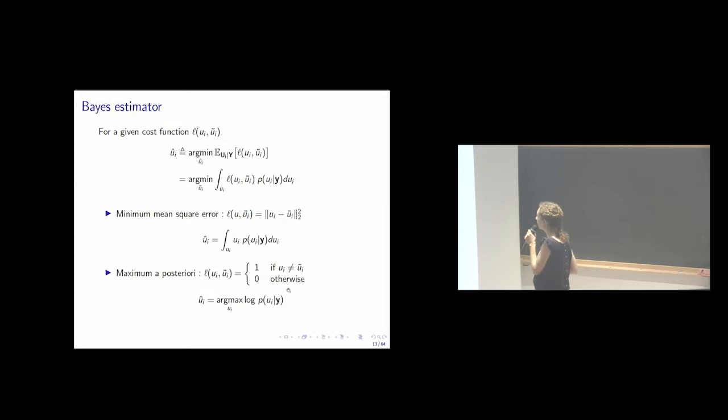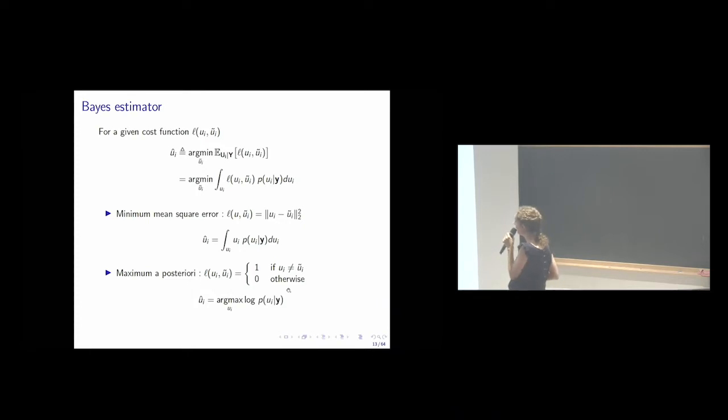I will give you two examples here. This is the general definition of a Bayes estimator: you want to minimize the posterior expectation of this particular cost function. So here is the development of this equation. What you see is that the posterior distribution, which is really important in the Bayesian framework, appears, and a particularization of this general definition is the minimum mean square error.